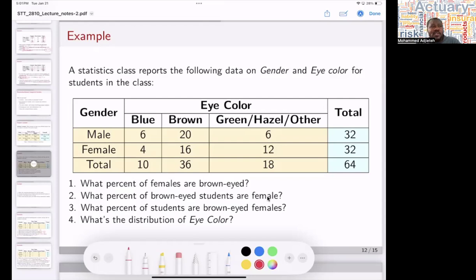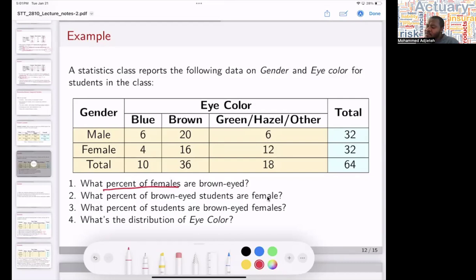The first question is, what percent of females are brown eyed? So now we want to know, how many females do we have?